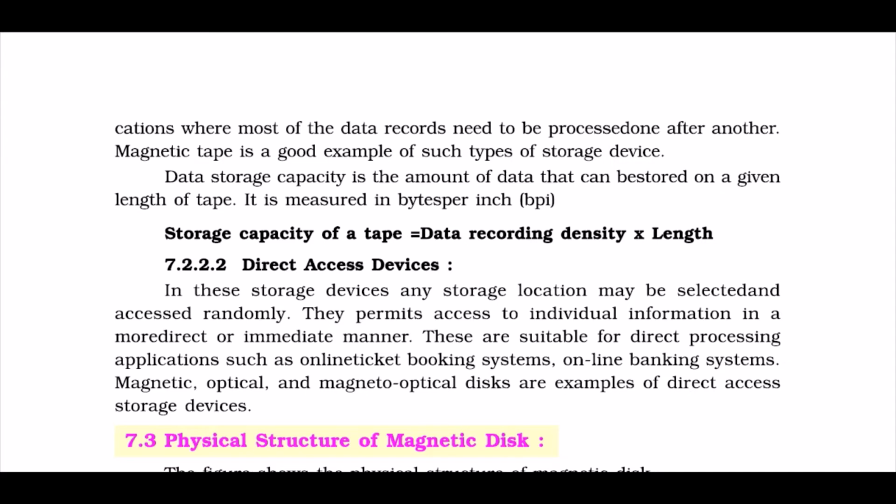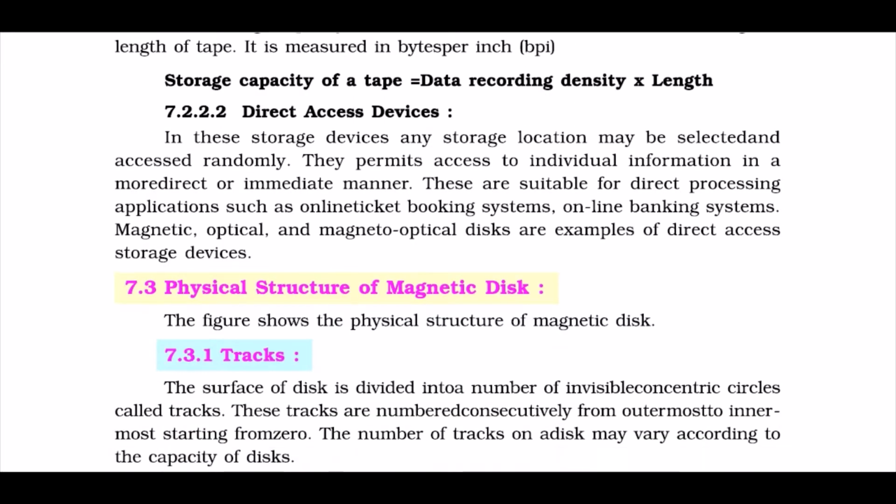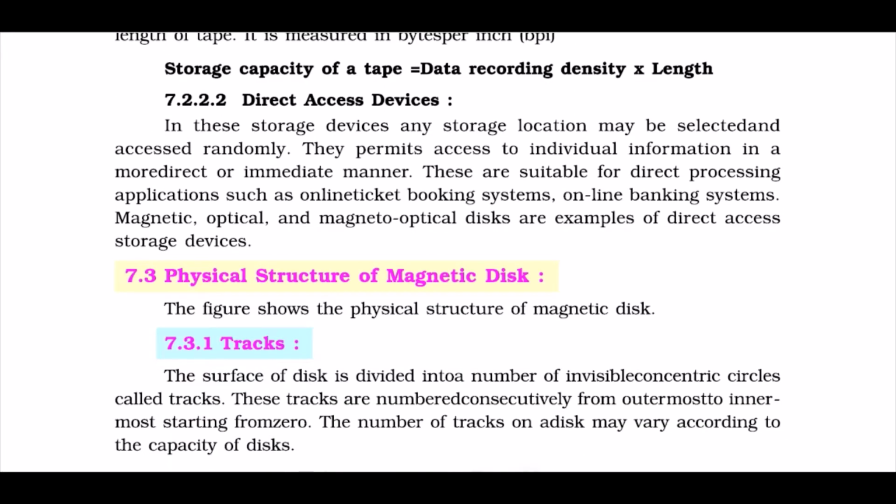Alright, direct access devices. In these kinds of devices, you can access any amount of information at any given time. You don't have to go in a sequence, or see or listen to anything or process the same information.